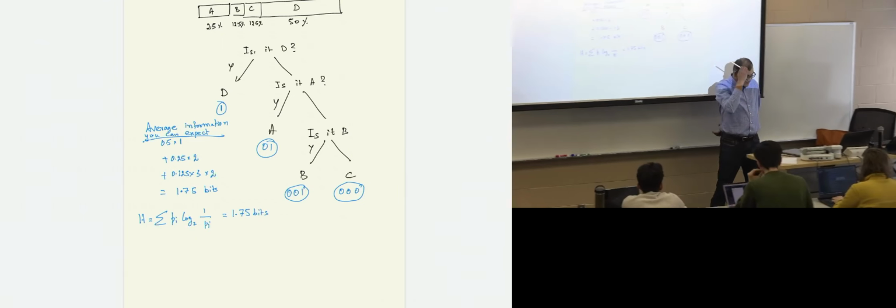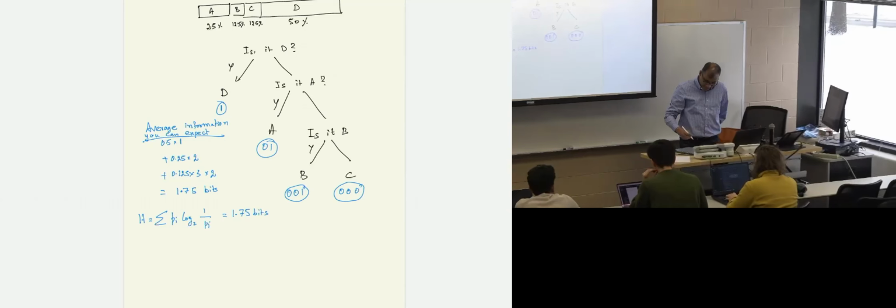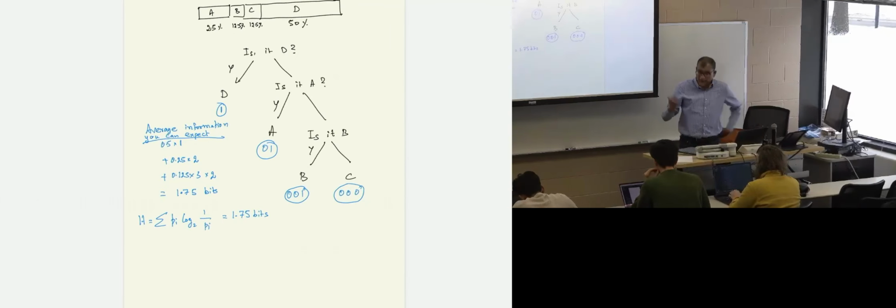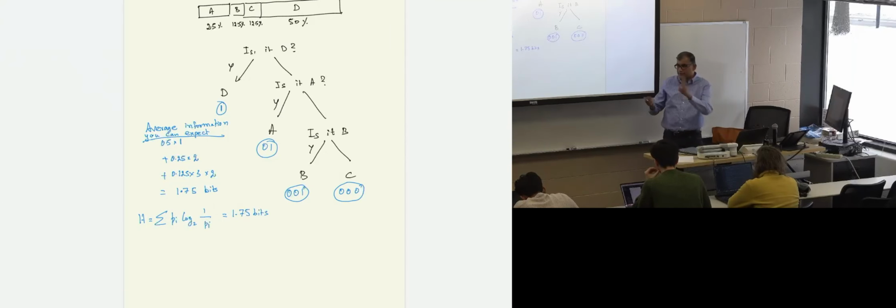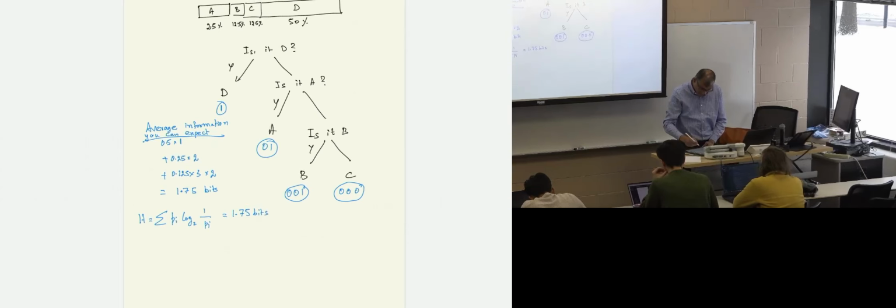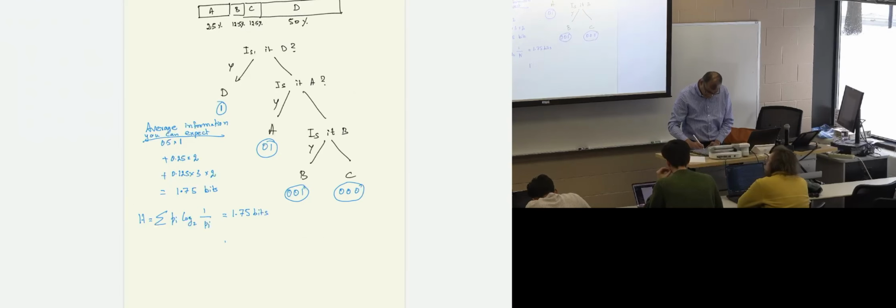But if you had assigned a different code, for instance, if you use the standard, you have 4 possibilities, right? So one way of coding, by the way, this is called Huffman coding. The codes were for each of those 0, 1, 0, 0, 1, 0, 0, 0, and 1.